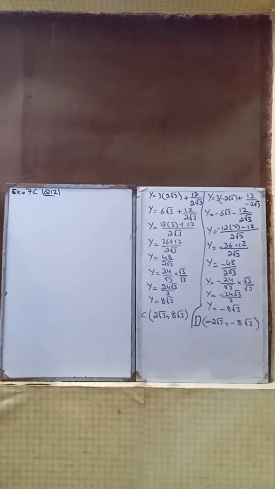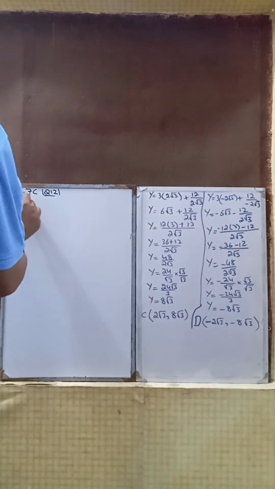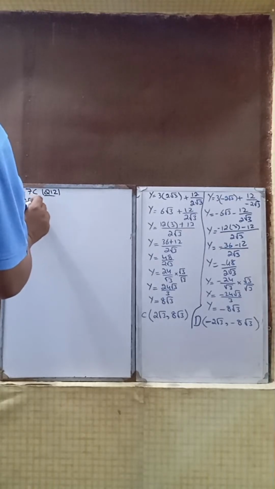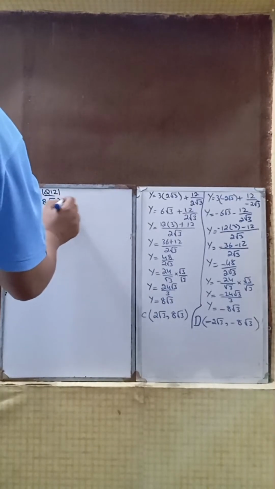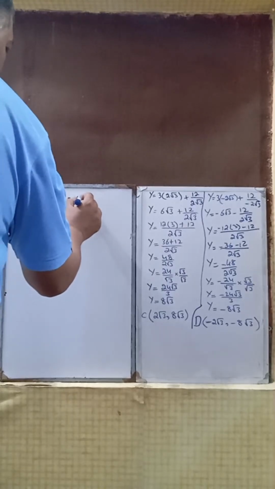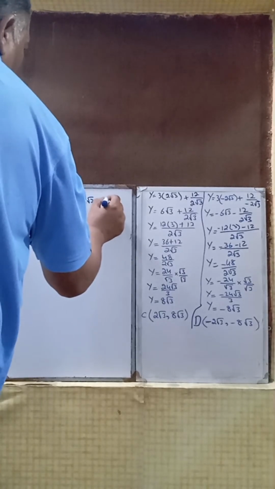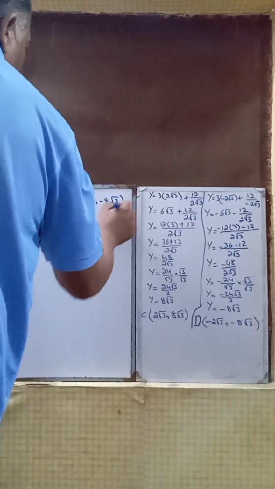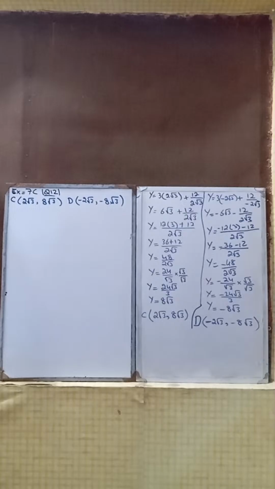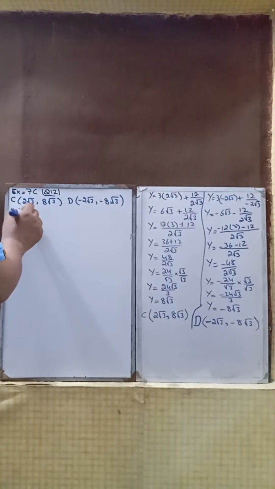Now, we know that the point C, its coordinates are 2 under root 3 comma 8 under root 3. The point D, its coordinates are minus 2 under root 3 comma minus 8 under root 3. If you want to find the midpoint, it is simple.